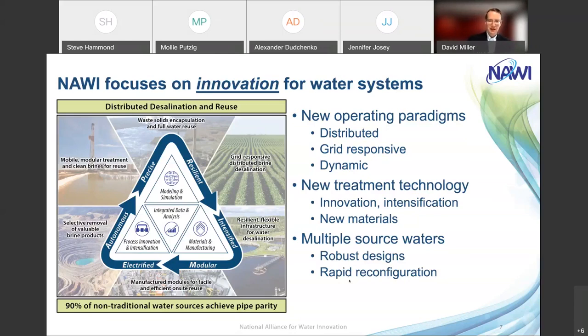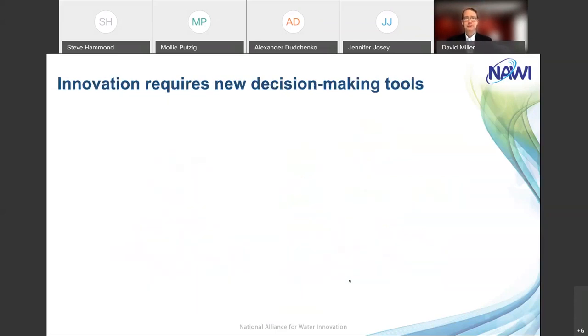And so we need to think about how do you design more robustly and or design a water treatment train that enables much more rapid reconfiguration in order to respond to changes, perhaps as it's mobilely being relocated for use at different locations.